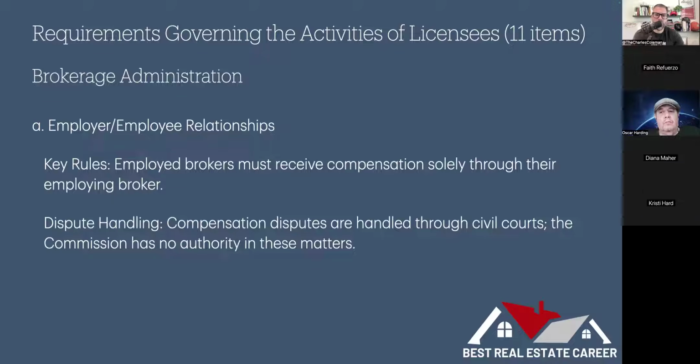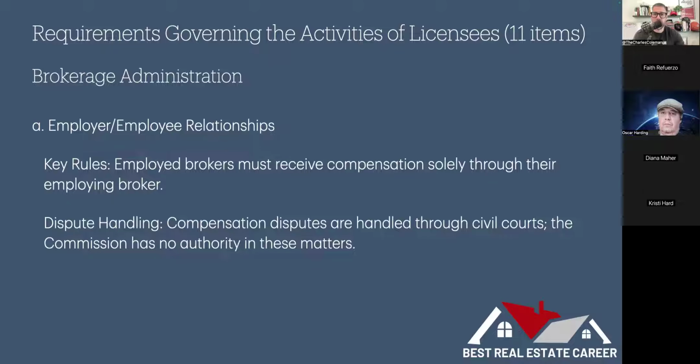But yet we look at it as employer employee. All right. And so one of the biggest things that we have to know is that you're a designated broker in the state of Colorado, right? And all that means is that the managing broker has deemed you the point person, the agent for the consumer. Yet it's the brokerage's client.